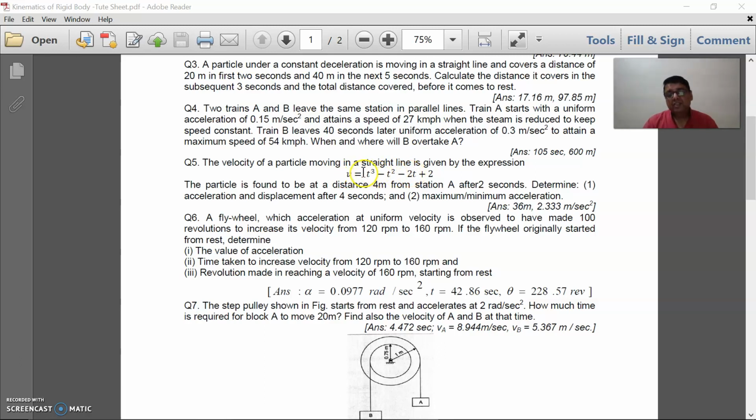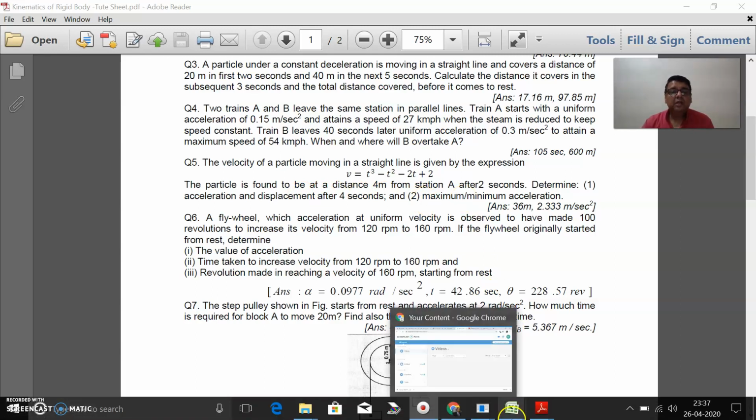If I differentiate, it will be thrice t square minus twice t minus 2. Then for some value of t, acceleration will be something, and after that it changes its value as time passes. So maybe that's how it is saying maximum or minimum acceleration. We'll see what it is.